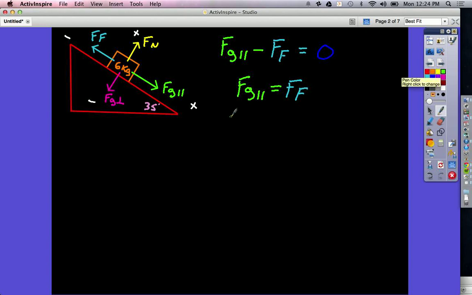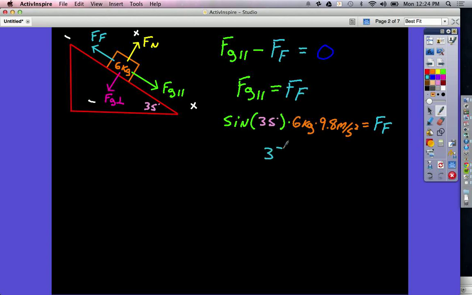My equation for force of gravity parallel is the sine of the angle, which is 35 degrees, multiplied by the mass, 6 kilograms, times 9.8 meters per second squared. And that is going to equal my force of friction. I plug that into my calculator, and I should get 33.7 newtons for friction.